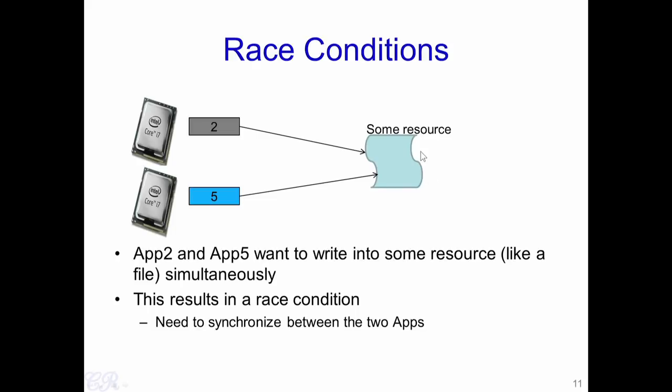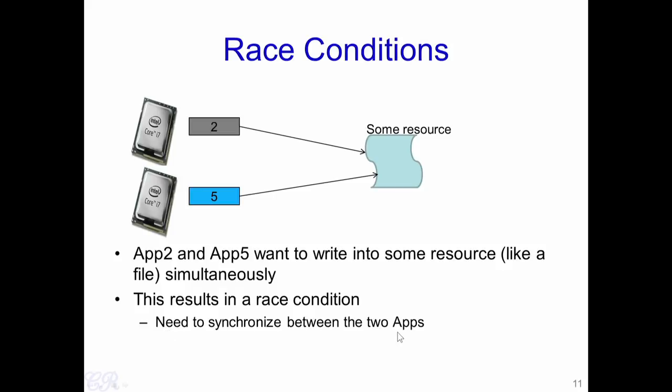This results in what is known as a race condition, and it is quite a huge issue when we are looking deep into operating systems.